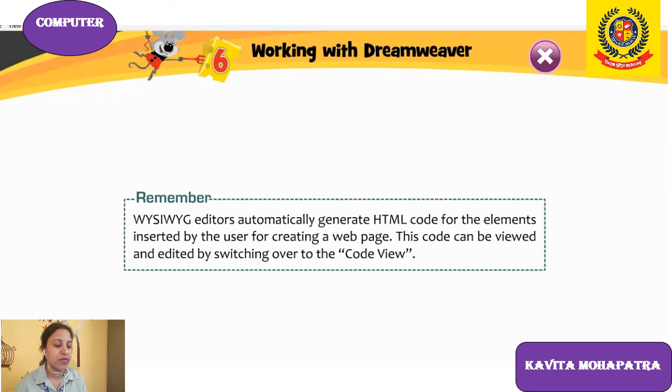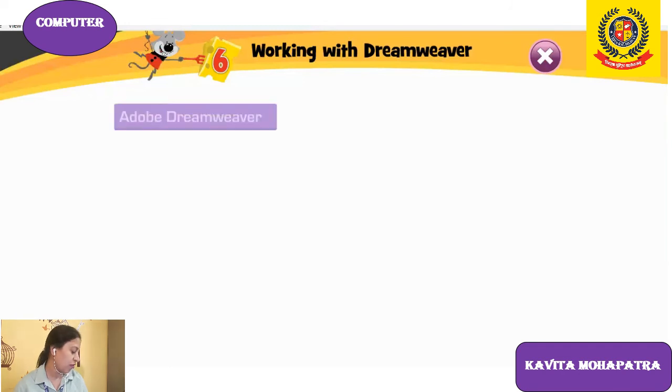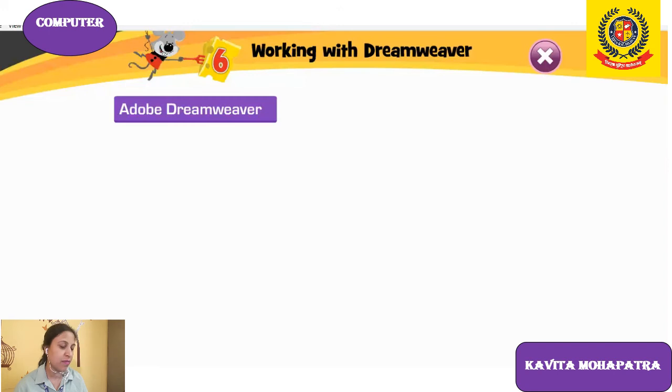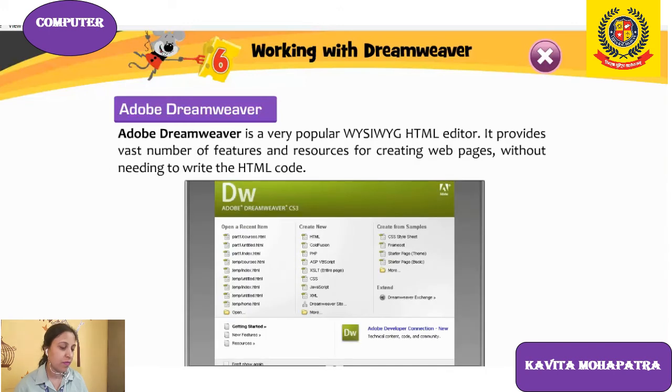You can switch over to the code view and view the code. What you see is what you get: the editor automatically generates HTML code for the elements inserted by the user for creating a web page.